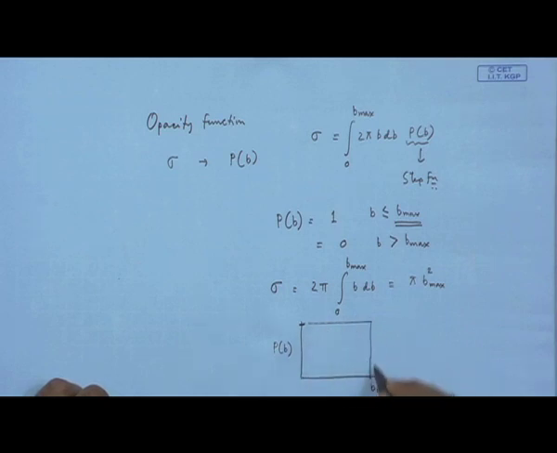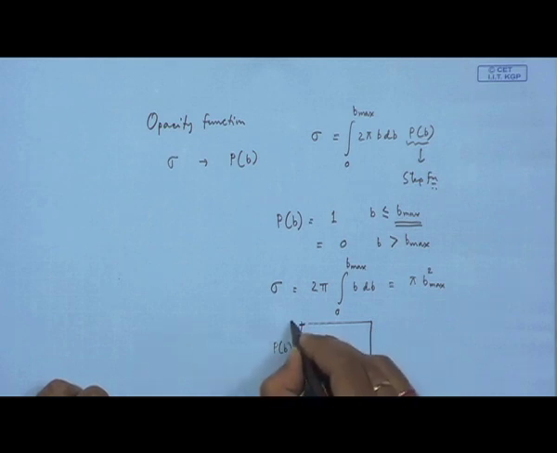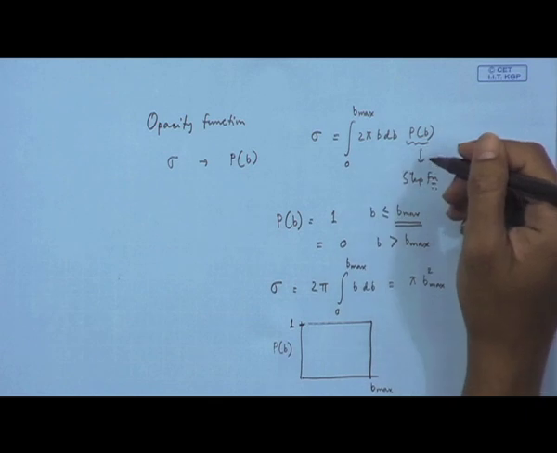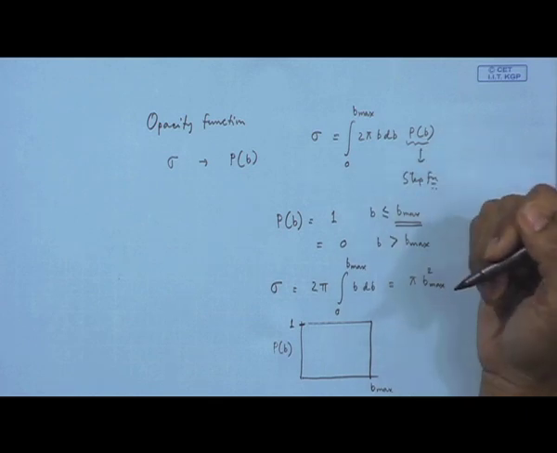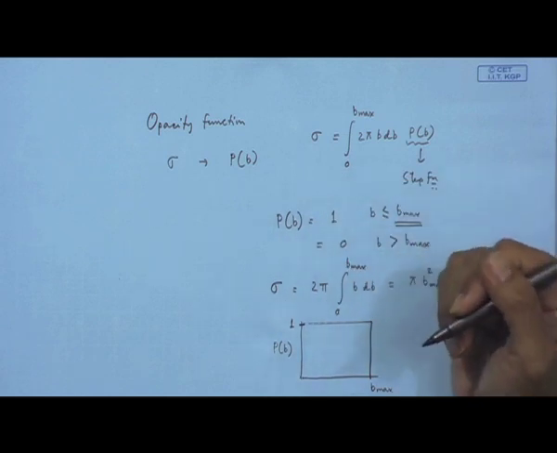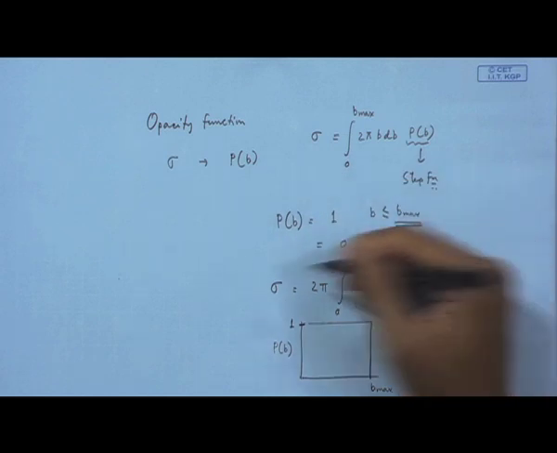Beyond B max it is just like a step function, a square pulse kind of thing. So, assuming some specific functional form, rather than rigorously trying to determine Pb, consider some simple case, and then we should be able to find out the sigma.